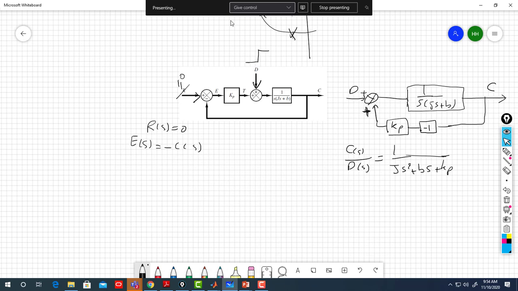Again, the error equals, in this case, minus C of S. The error here is minus C of S because the reference is 0.